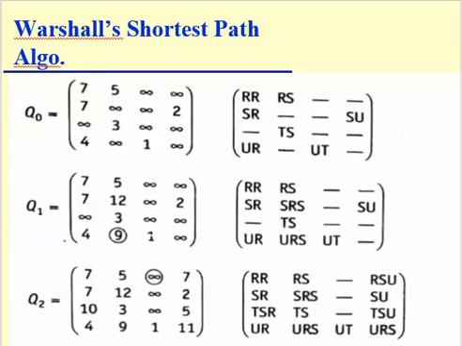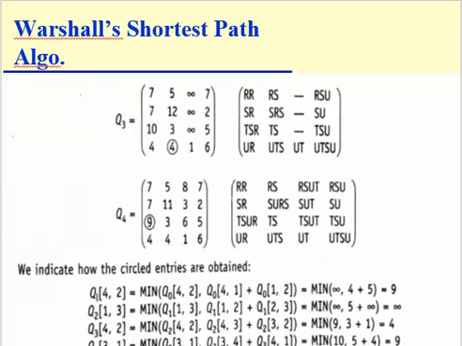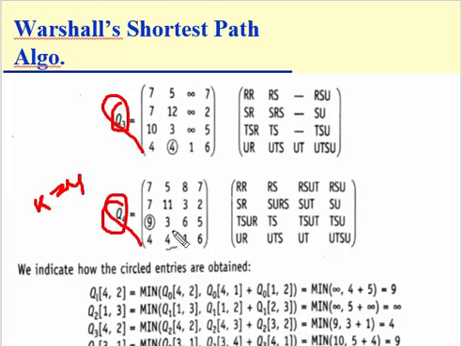Next you need to find out Q3 and Q4. So this is also your Q, and this is the last Q when your K is 4. When K is 4, and for each value of I and J you are finding these values, this is the answer.